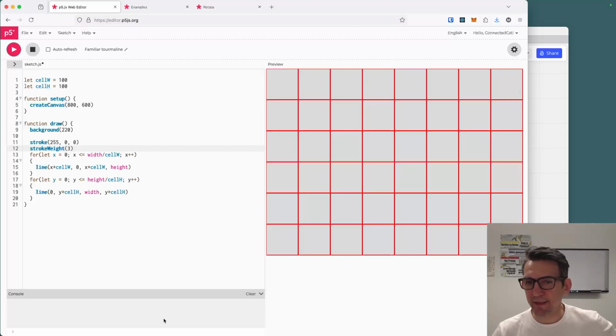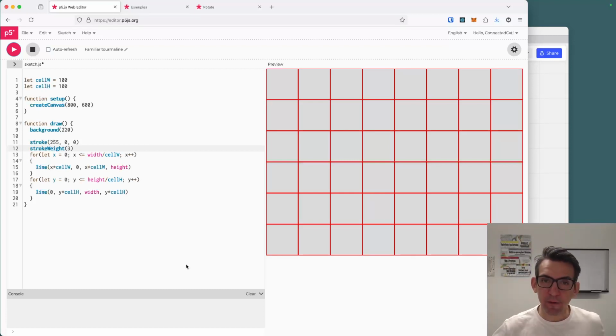So each line is 3 pixels wide. Okay, perfect. So we have a grid. Now we kind of have this idea of how the space is sectioned off, right? So we have each line marking off 100 pixels, 100 pixels, 100 pixels.